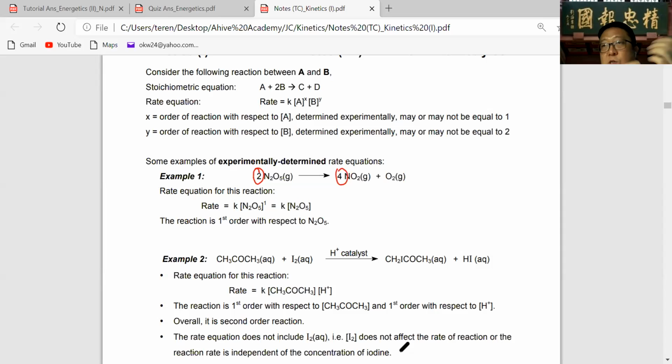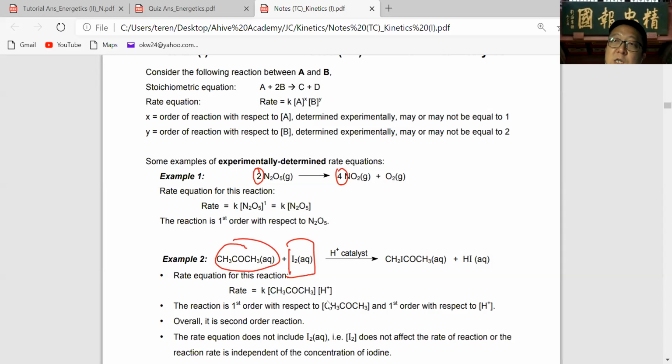Again, this is to illustrate the point that I made earlier. Can you see that your balanced equation obviously involves CH3COCH3 reacting with iodine, correct? We know that it reacted. H plus is a catalyst, but your order of reaction tells us something very interesting. The concentration of iodine has no impact on the rate because in the whole rate equation, I cannot find iodine.